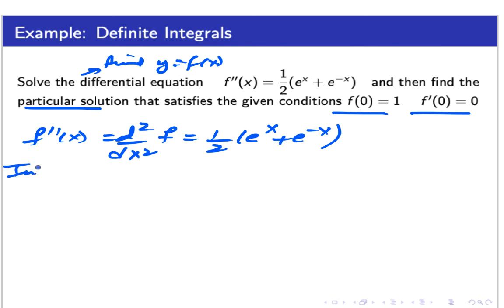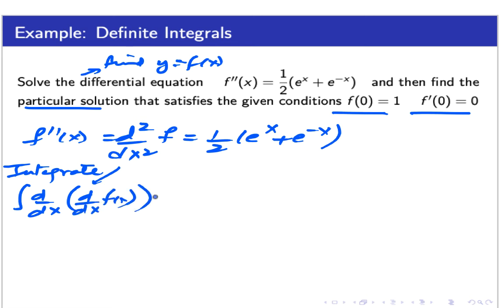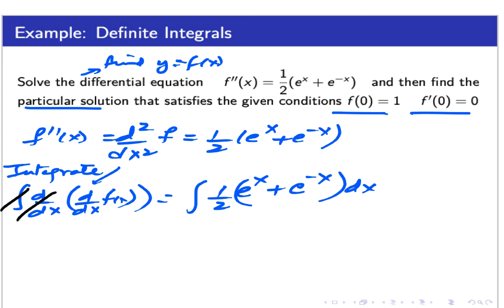So we integrate first. When we integrate, it's d dx of d dx of f of x equals the integral of half e to the power x plus e to the power minus x dx. And we have done this one before. Now remember, the integral and the differential cancel out, and we're left with d dx of f of x.